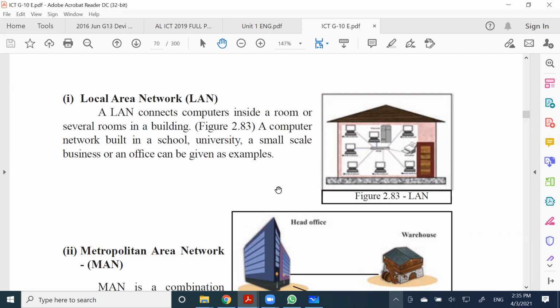So it is small in size. There will be a central device like a hub or switch, and each and every computer and device is connected to it. Then we can have the facility of that small network.